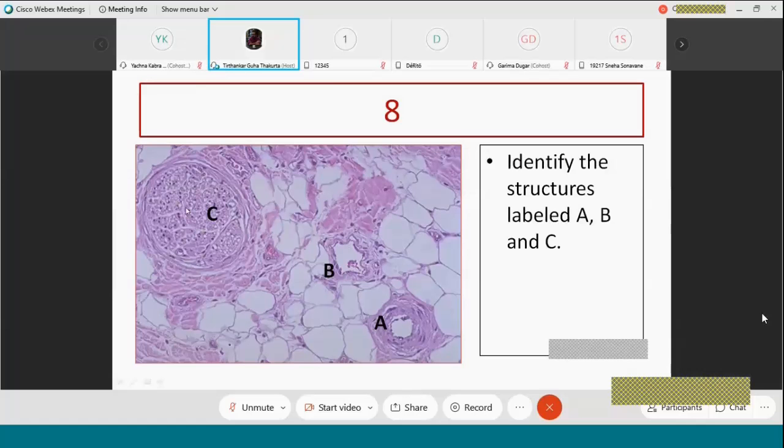That means there may be multiple thin cylinders passing through this big cylinder. Some of those cylinders do not take stain, which is why they appear white in color. So it must be a nerve that is lined by myelin sheath, which is not taking color.